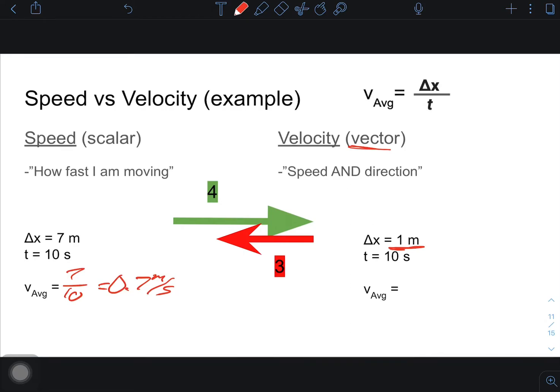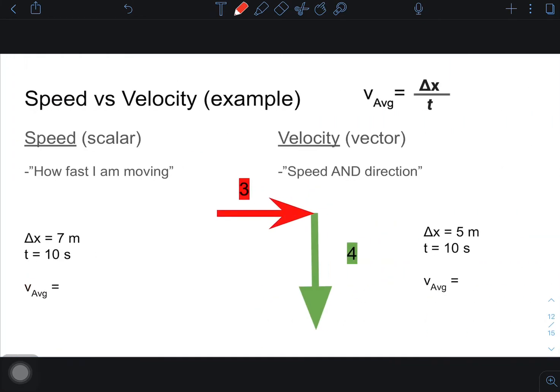It should be that I'm 1 meter to the right of my starting location. How far am I from my starting location? I'm 1 meter to the right. So when I go through and I say 1 divided by 10, the magnitude is 0.1 meters per second to the right. I need the direction to go along with my velocity.